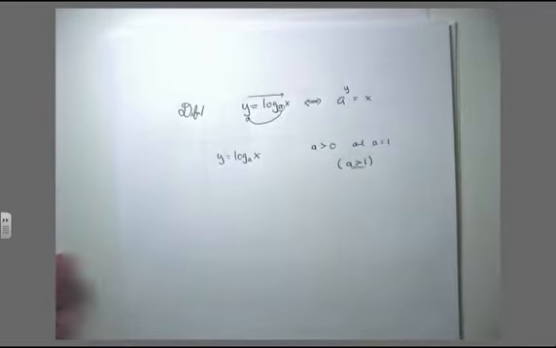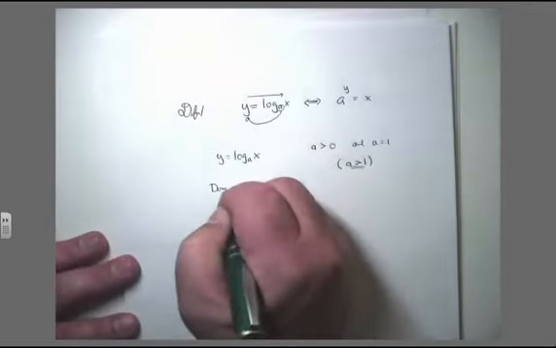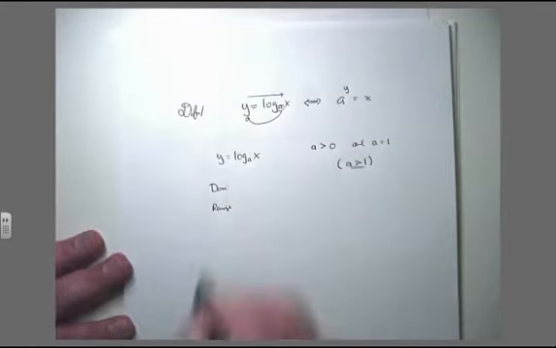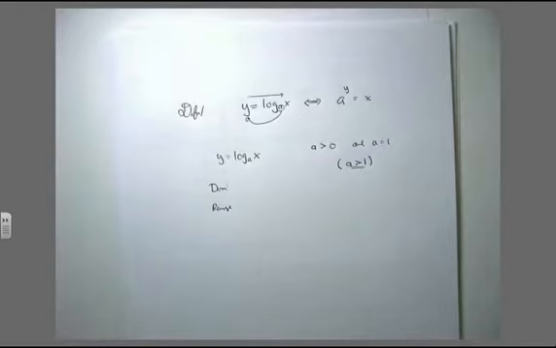But there's also the famous domain and range of log graphs. What is the domain and range? Domain. Logs have restrictions like square roots and like division does and all this other good stuff. You can't divide by 0. You can't take the square root or an even root of a negative number.